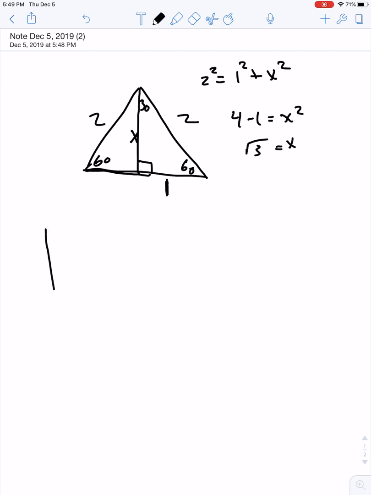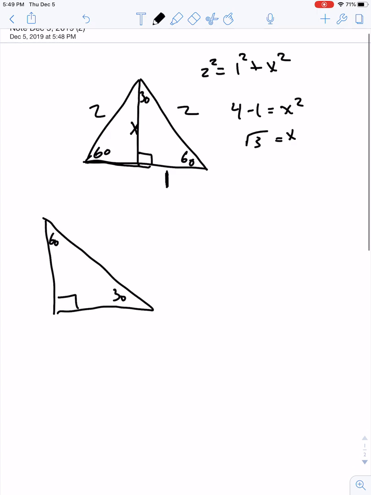Now I'm going to pull out that 30, 60, 90 triangle. No matter which way that triangle is drawn, opposite my 30 needs to be 1, opposite my 60 needs to be root 3, and opposite my 90 needs to be 2.